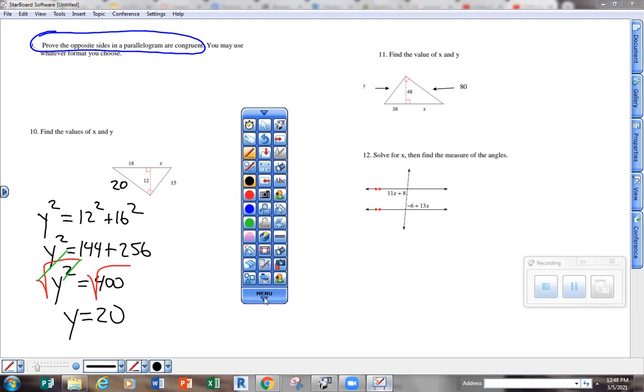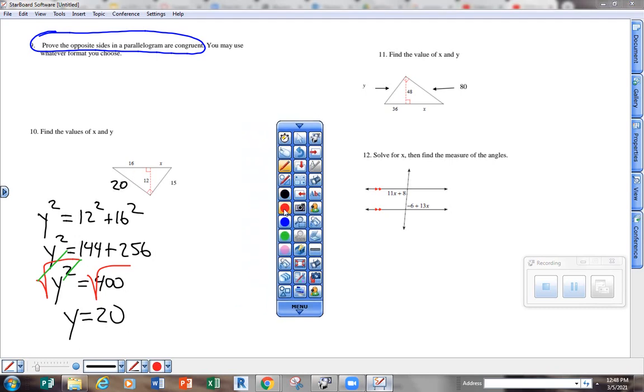To solve for x, a little bit different, because these are the two legs for x. I don't set it as x squared equals 12 squared plus 15 squared, because x is not the hypotenuse. This one I write as x squared plus 12 squared equals the hypotenuse squared. That gives me 144, and 15 squared gives me 225.